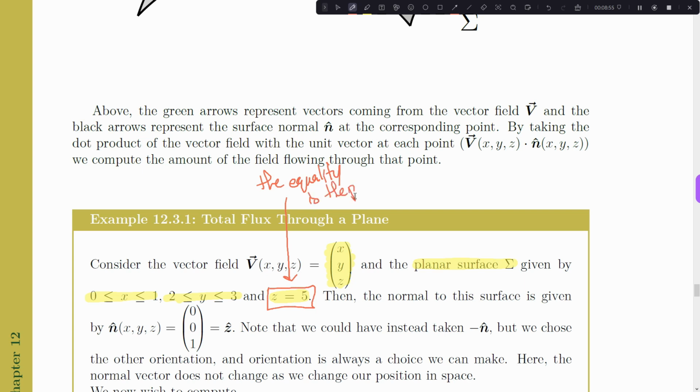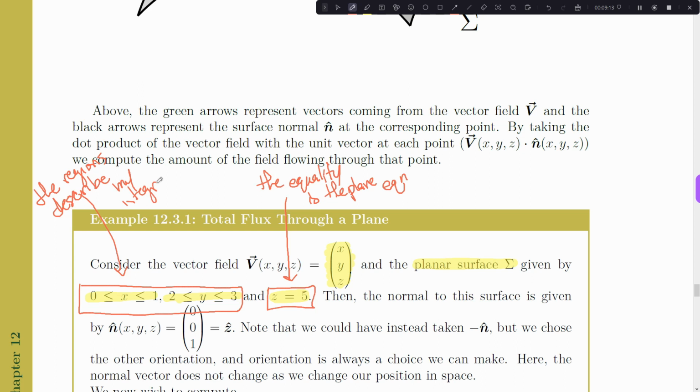The equality is the plane equation. The inequalities, or the regions, describe my integration bounds. Okay, so I've got some bounds 0 to 1 and 2 to 3 in x and y, which describe a rectangular region of the plane, which is described by z equals 5.